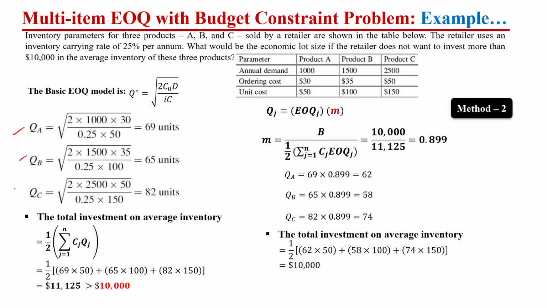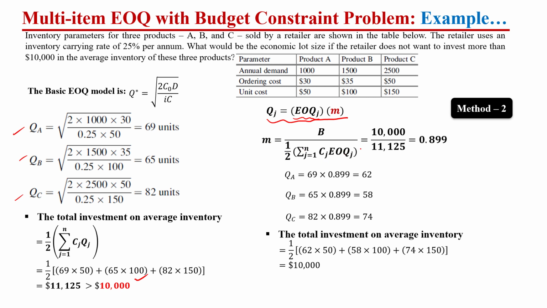Again, we have found the optimum order quantity for the single product, and we have seen that it violates the budget constraint. Now we know this equation: Qj is going to be the economic order quantity without the budget, that is basically the economic order quantity for product J, into M. Based on that, M is equal to B over 1 over 2 into this one.